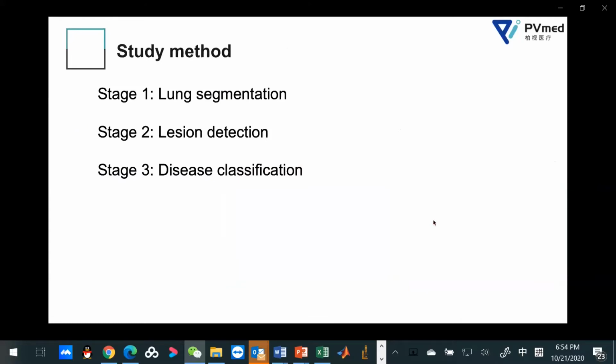We build a machine learning model based on a deep learning algorithm for the diagnosis of NCIP. The whole diagnosis procedure includes 3 stages with 3 subnetworks for lung segmentation, lesion detection, and lesion-based disease classification, respectively. We can rapidly classify CT images of COVID-19 using these steps.